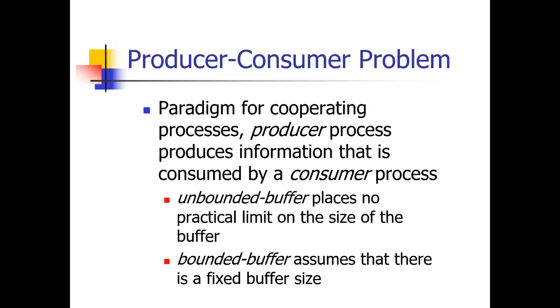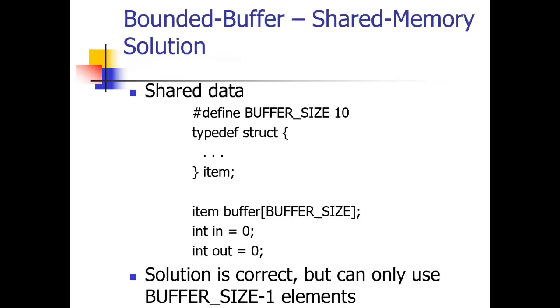For that, we will take a data structure like this. We will define the buffer size as 10, so that means we will maintain 10 elements. And then we will have two variables, in and out. Both will be initialized to 0.